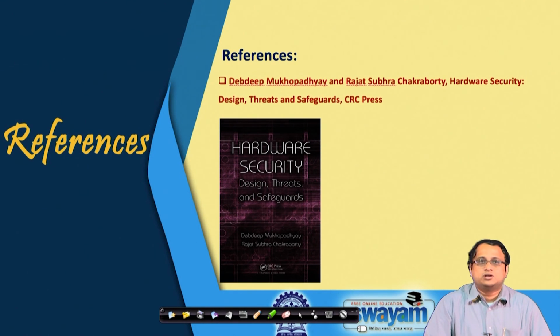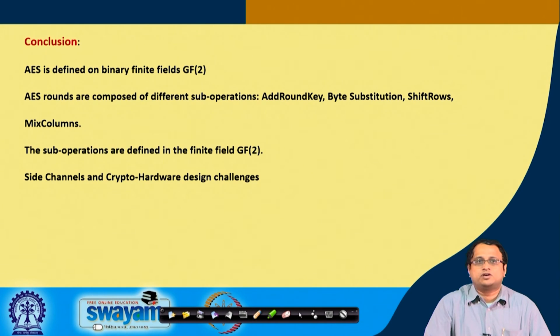So I would like to stop here, and this is my usual reference for this part of the lecture. What we have essentially discussed today is AES. We have looked into the AES steps like add round key, byte substitution, shift rows, and mix columns, and also discussed that these sub-operations are defined in the finite field GF(2^8).